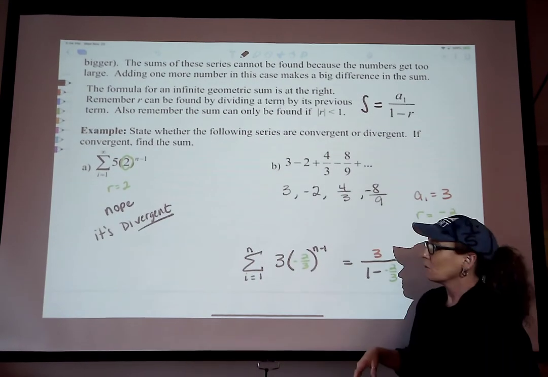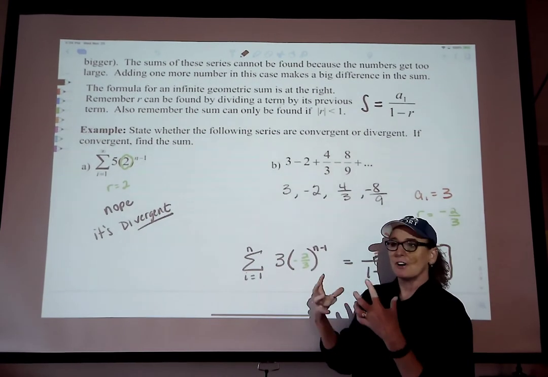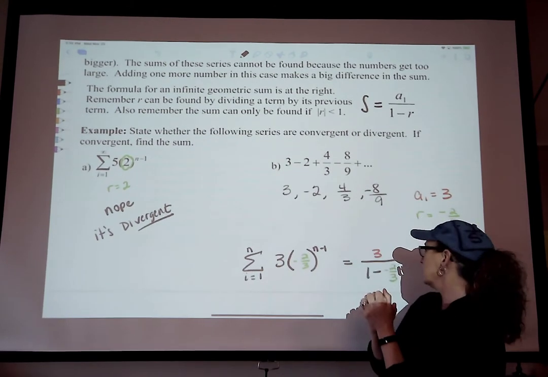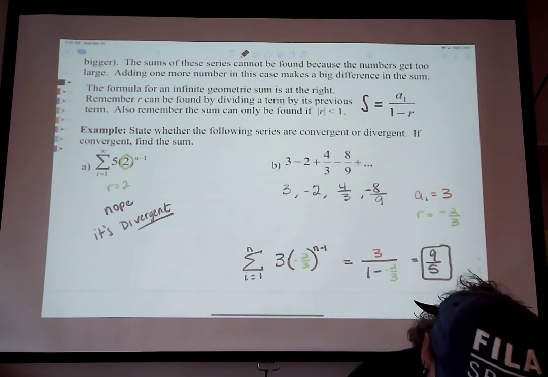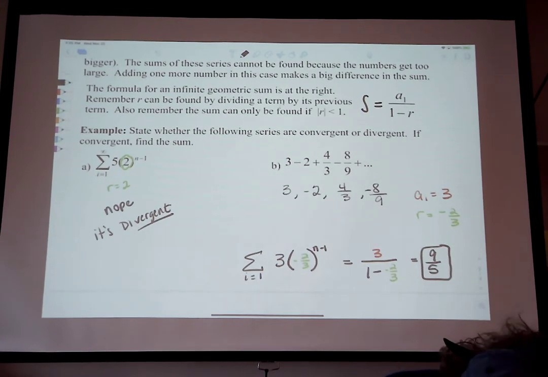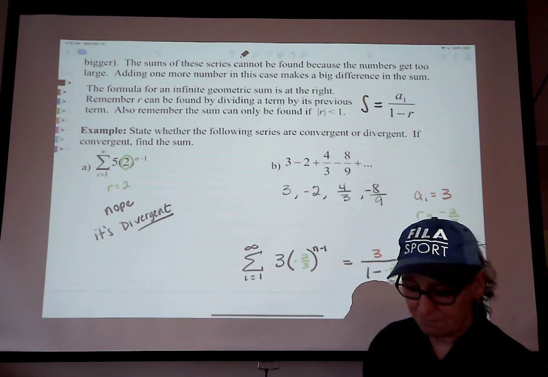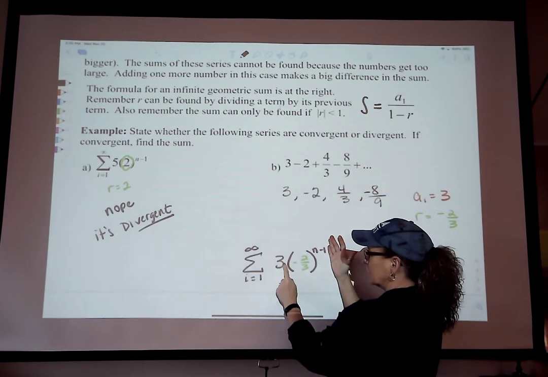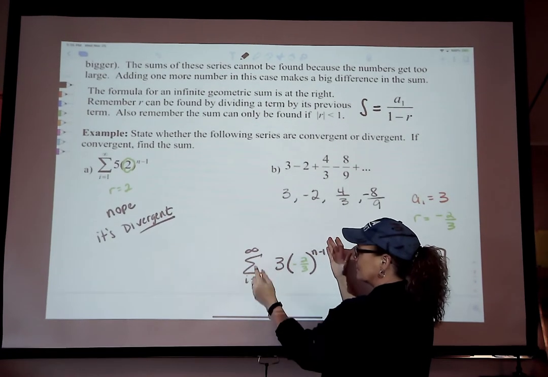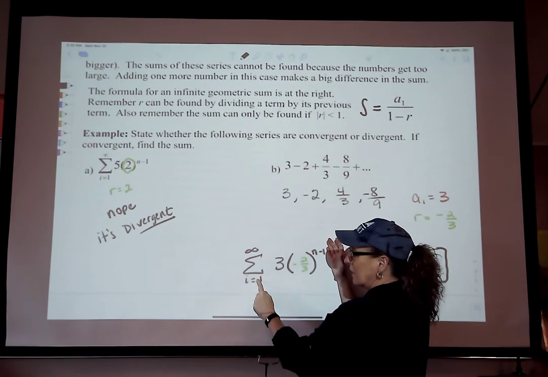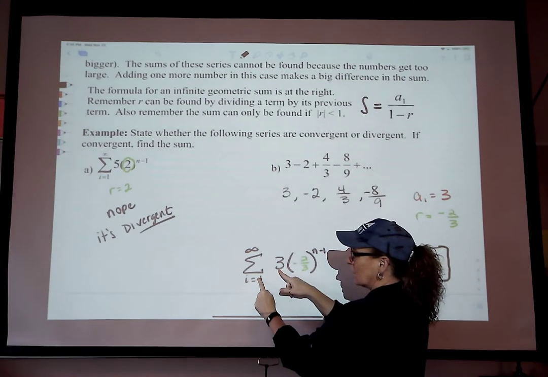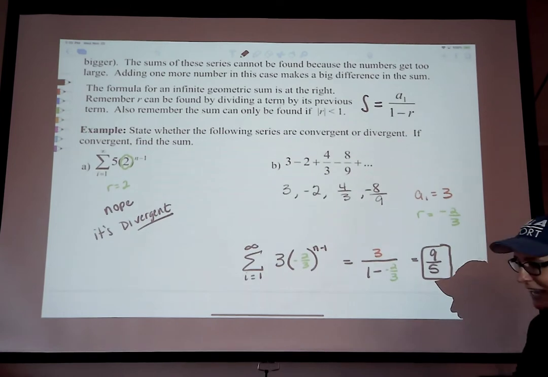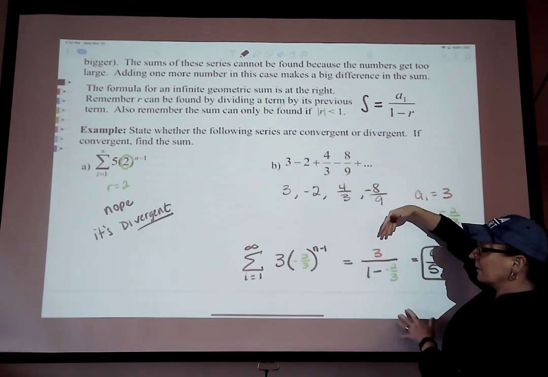Just to familiarize you more with series notation, here's what I did. I wrote this in normal explicit form, first term R to the, and said, hey, can we add all these together? Can we go from the first term all the way to infinity and add them all together? We can. We have this little formula up here that's going to help us do it.